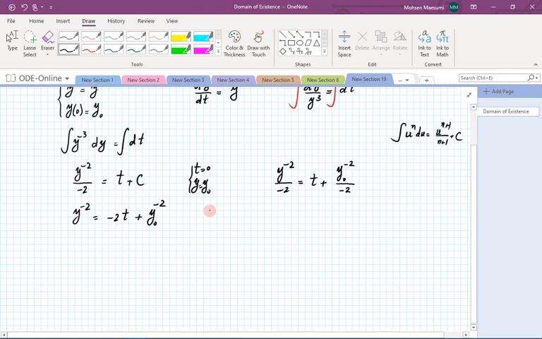Let's write them in a format that's more familiar. So it's y squared is equal to minus 2t plus 1 over y0 squared. Safest thing to do now is just take a common denominator and proceed like that. So I'm going to write y0 squared, and here I'll have minus 2t y0 squared, and then plus 1.